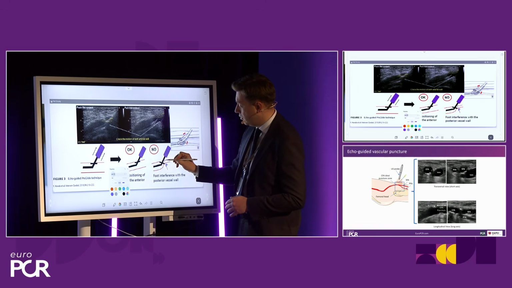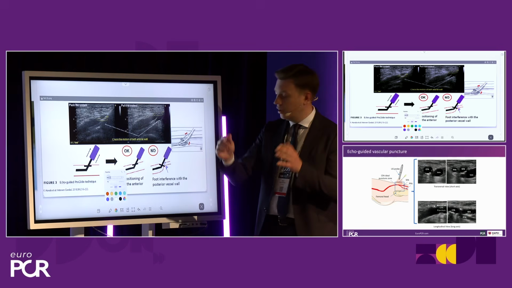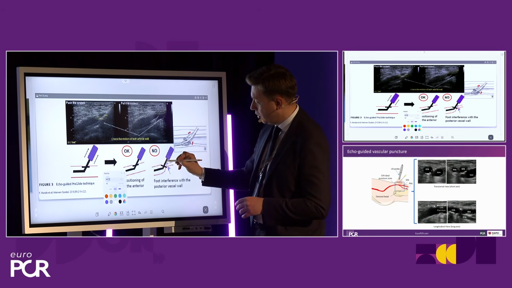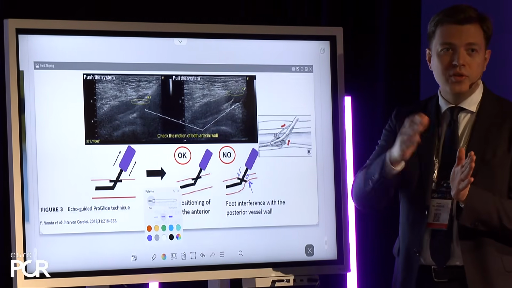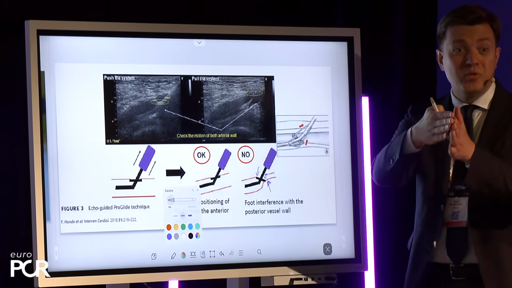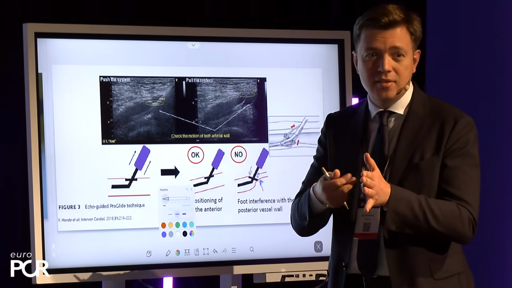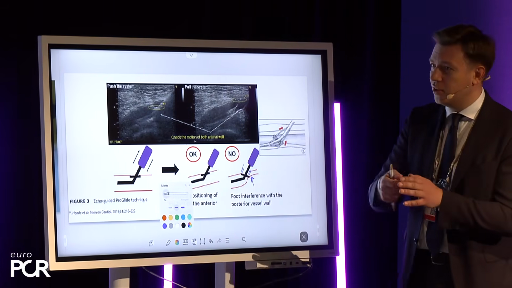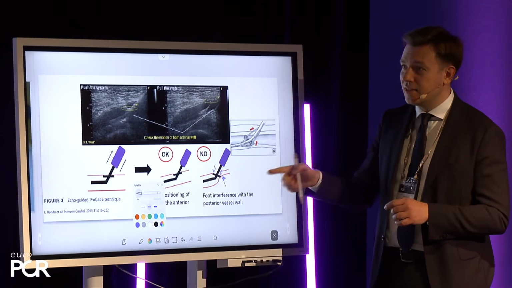You see here, this is the space between the foot and the arterial wall. Here, the arterial wall is correct. You see? That is completely correct, on the arterial wall. However, the foot here does not touch the arterial wall because of the angle. So when you deploy your needles, they're not going to get to it, and you're going to be unsuccessful in tying it. So I think that's one of the points.